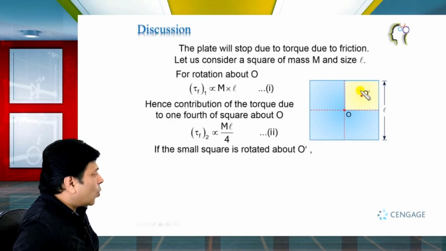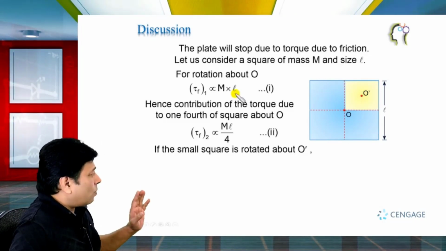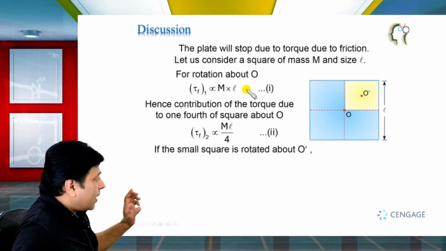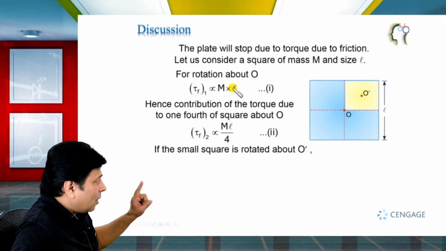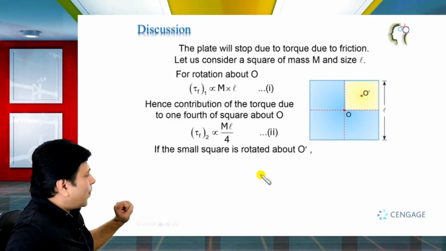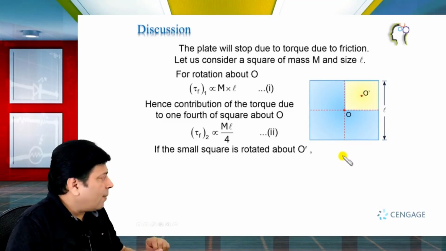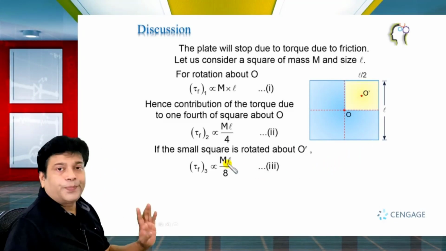That means if we rotate this part of the plate about O dash, the torque of the friction force is proportional to M by 4 multiplied by L by 2. Instead of writing M multiplied by L, we write M by 4 and L by 2. That means the torque of the friction force about O dash is proportional to ml divided by 8. So let us write this torque.